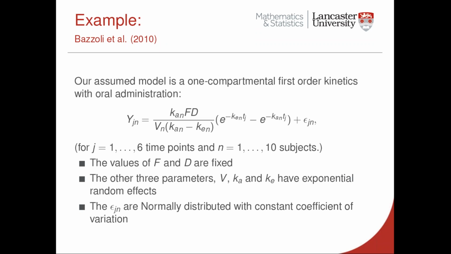So basically what we have done is we've simply taken this model from an existing publication, just in order to illustrate how the optimality procedure works. D is the dose, and hence that has a fairly natural interpretation.